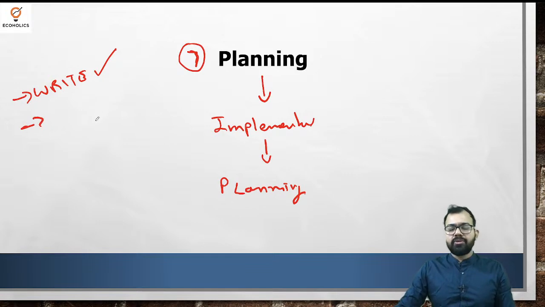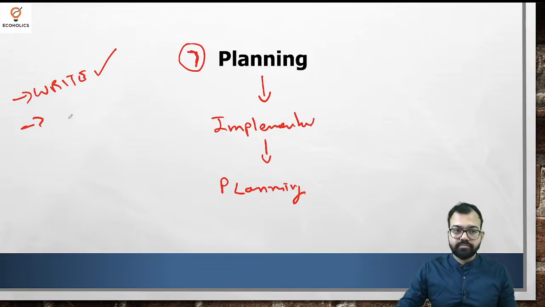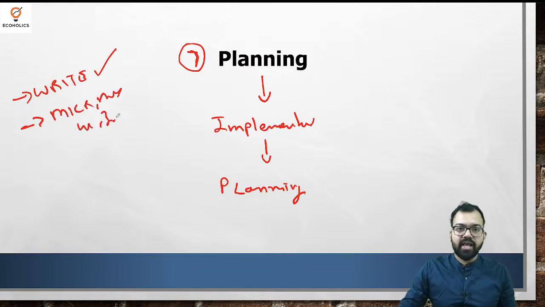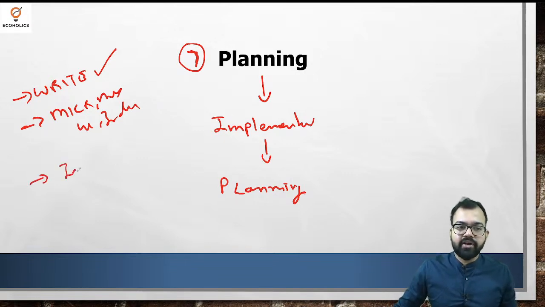Second thing, your planning should always be similar to your examination. Your examination requires understanding of micro, macro, growth, international, public finance, etc. And the second paper requires Indian economy.